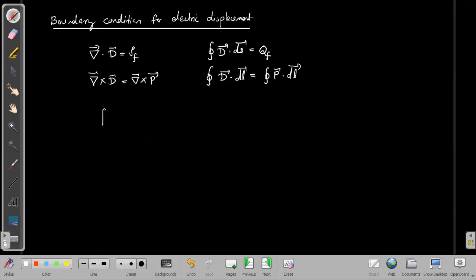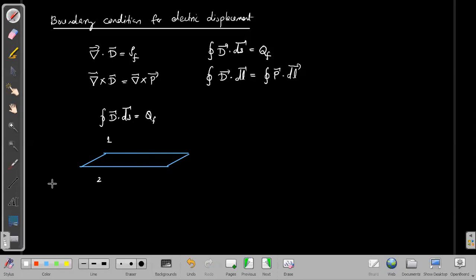First we can take the closed integral D dot ds equal to QF. Consider a boundary. Suppose this is some boundary, with some material 1 and some material 2. In order to apply this Gauss's law, you have to take some pill box.